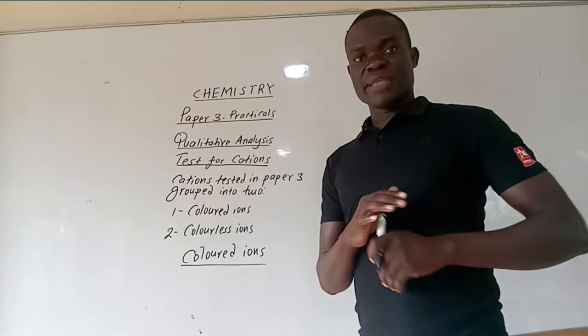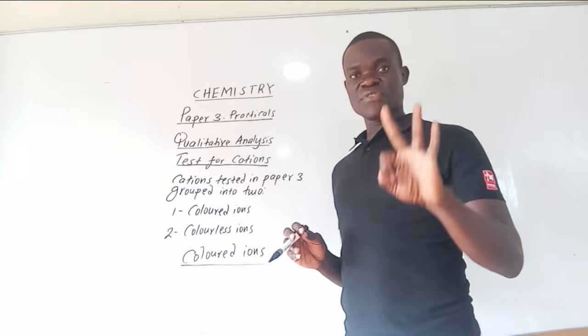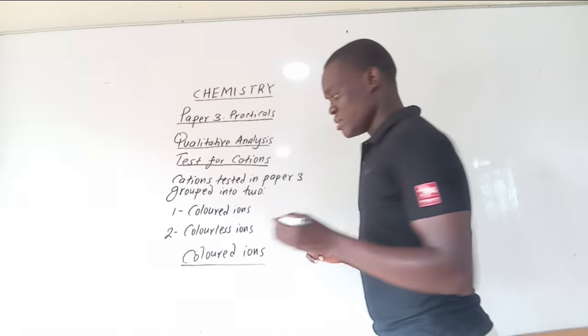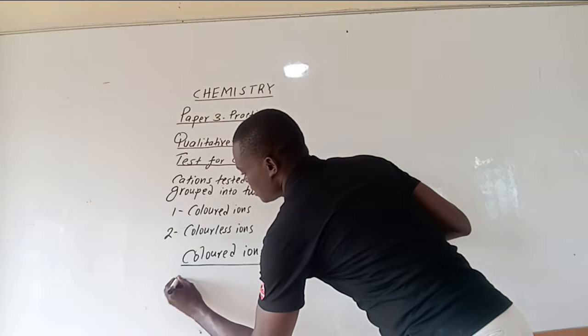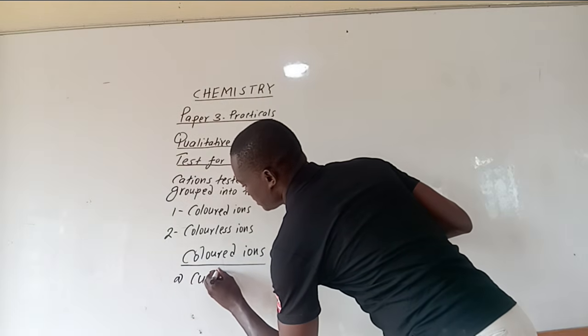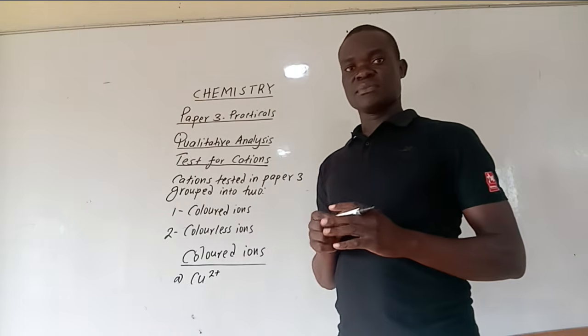In paper 3, colored ions are just three. The first one we have is copper ion, Cu2+.